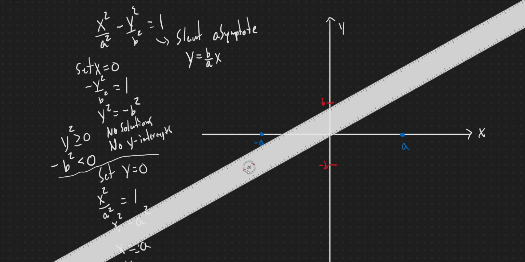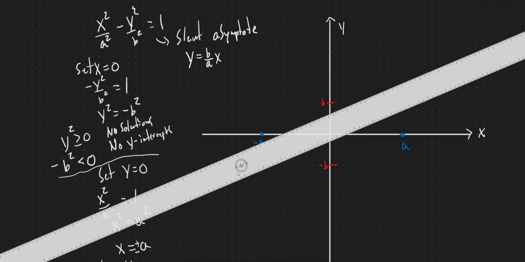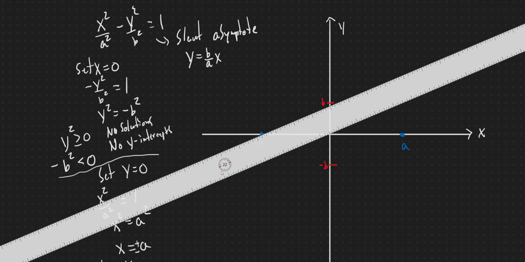So let's see, I'm going to plot a, b. I need a little bit more here. Yeah, that's good enough. So this point here is going to be a, b, and I can plot that line y equals b over a x. In fact, it's not just y equals b over a x that is a slant asymptote, but negative b over a x is also a slant asymptote.